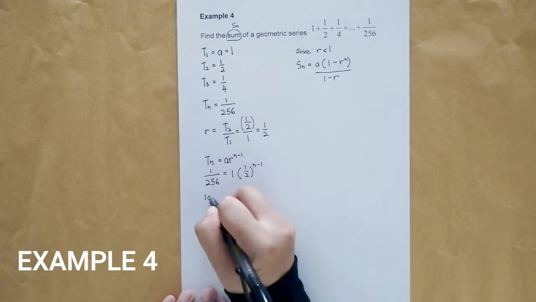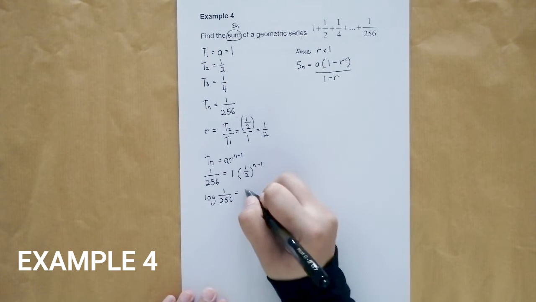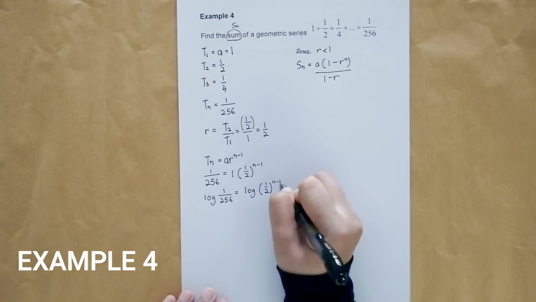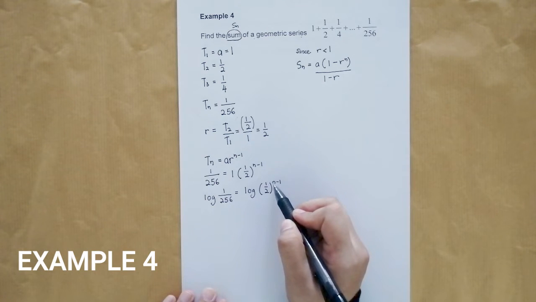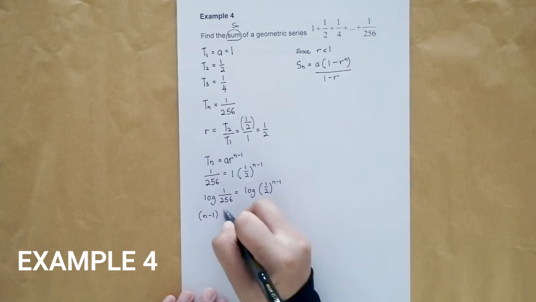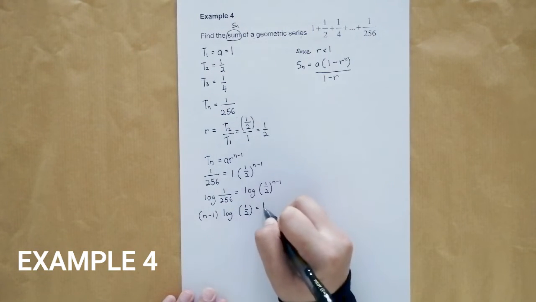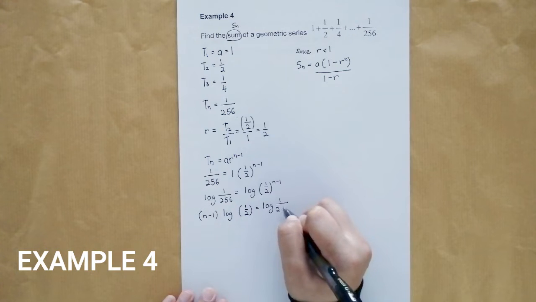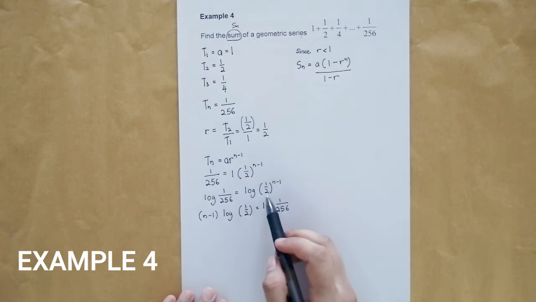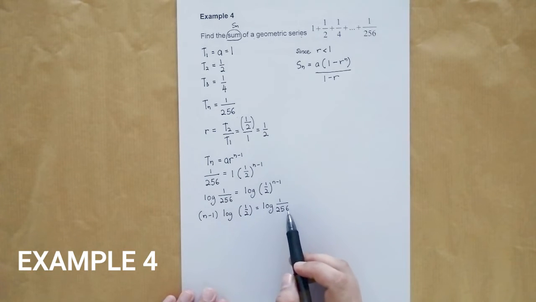So we can have log 1 over 256 equal to log of 1 over 2 to the power of n minus 1. We can bring the power of n minus 1 to the front. So we have n minus 1 log half equal to log 1 over 256.